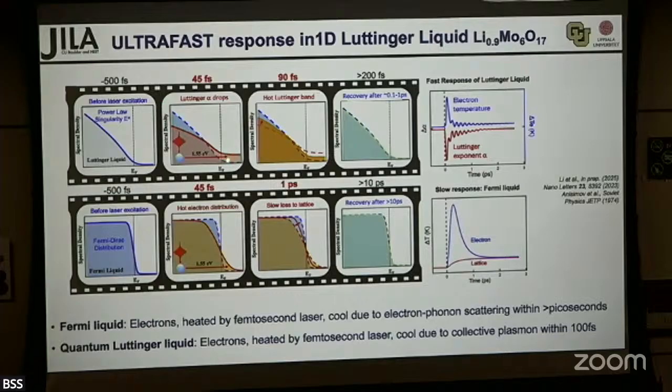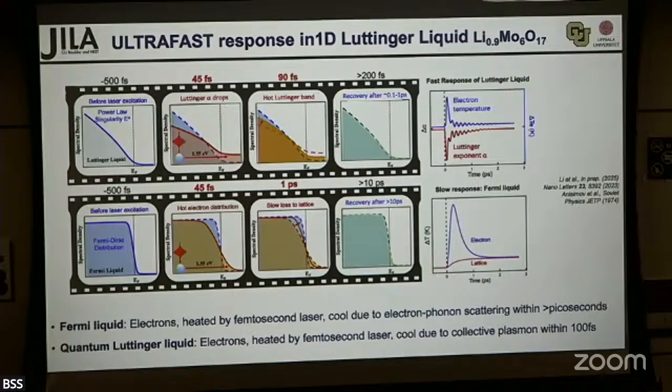We see a drop in alpha, which is what you would expect, because you've taken electrons out of the Luttinger band and put them into excited states that can't see each other, so alpha has to drop. But they cool pretty quickly back into the Luttinger band, but now you've done something to a Luttinger band that you could never do by putting the material on a hot plate. You've removed some of the electrons quickly and then put them back in.